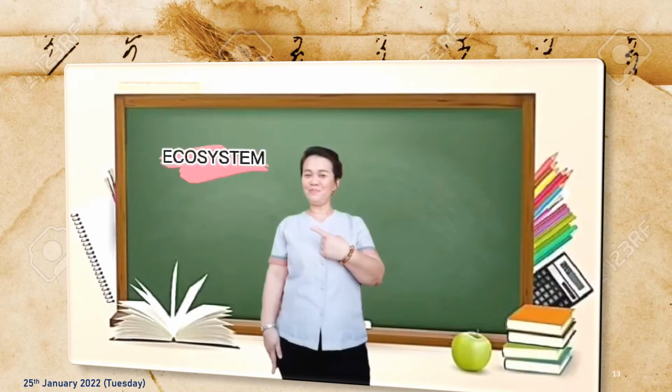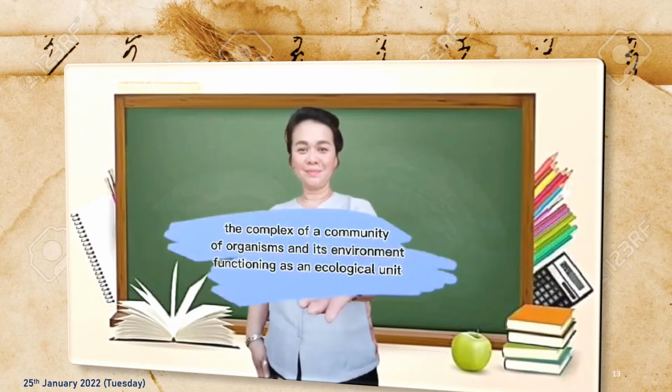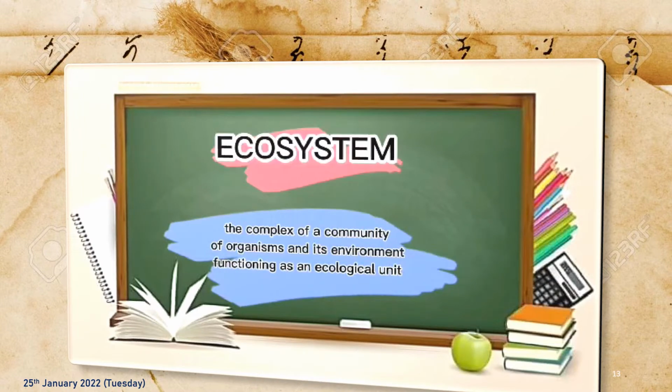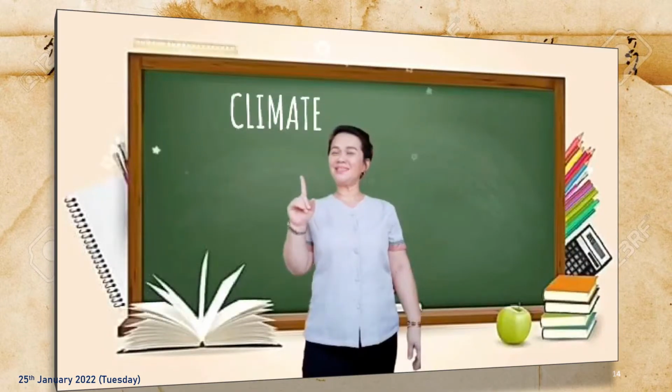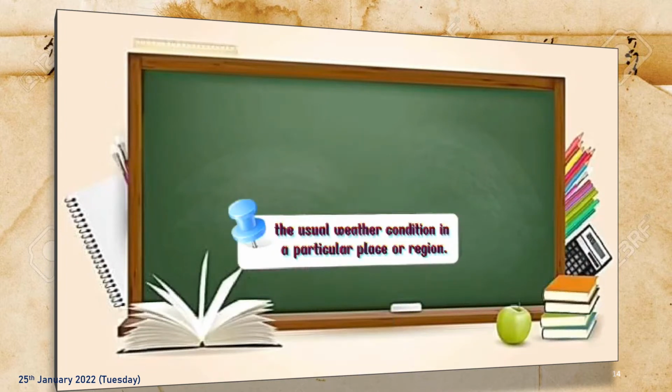Ecosystem: the complex of a community of organisms and its environment functioning as an ecological unit. Climate: the usual weather condition in a particular place or region.